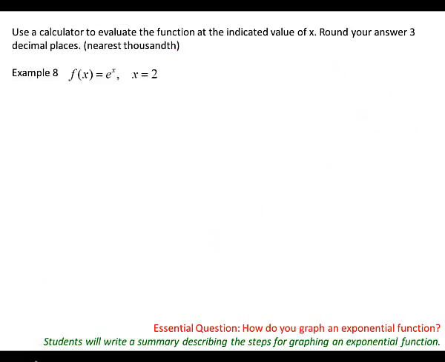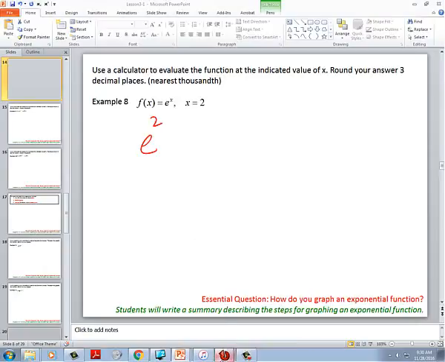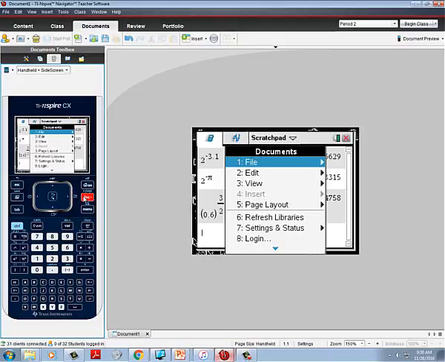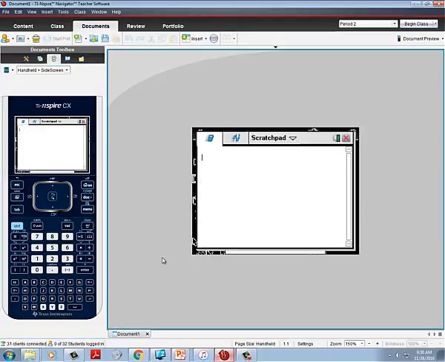Okay, so we're going to use our calculator to evaluate. The sophomores came back for the really hard part. To evaluate the function at the indicated value of x, we're going to round to 3 decimal places. So you're going to basically do e squared. But we're not typing in 2.718. We're actually going to use the e button. Go ahead and clear it out. On any of your scientifics, there should be an e button.